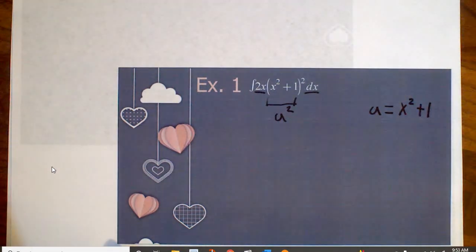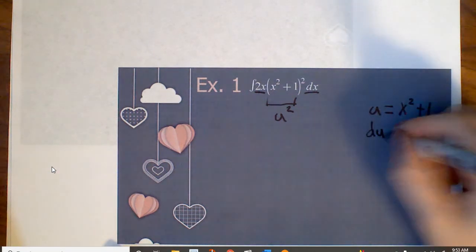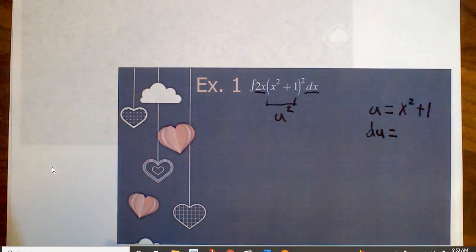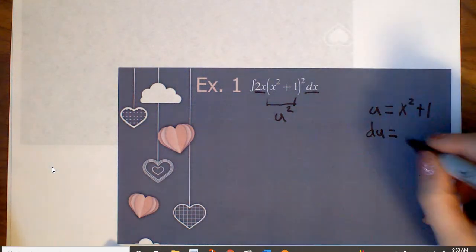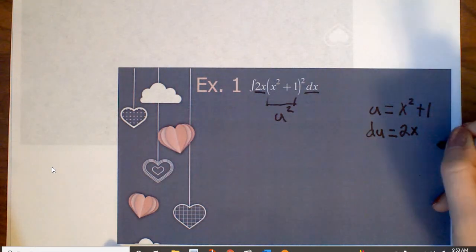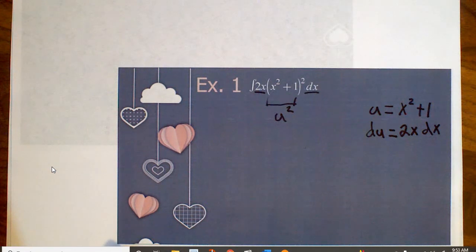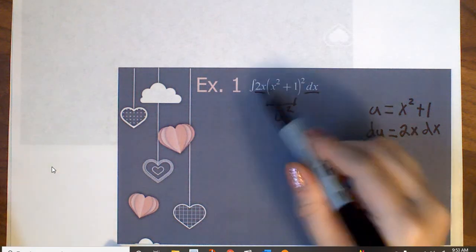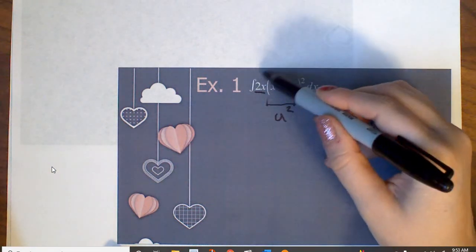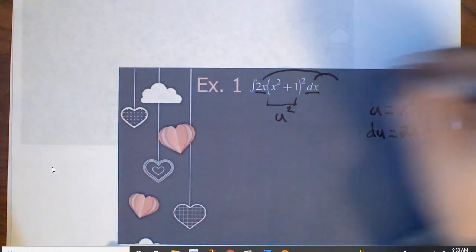If I take the derivative of u, this would just be 1 du. And if I take the derivative of x squared plus 1, I would get 2x. My derivative of 1 is 0. And then I took the derivative of x, so dx. So now notice that these two things are going to become our du.